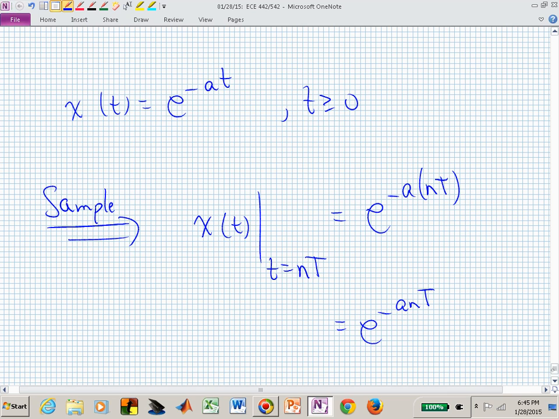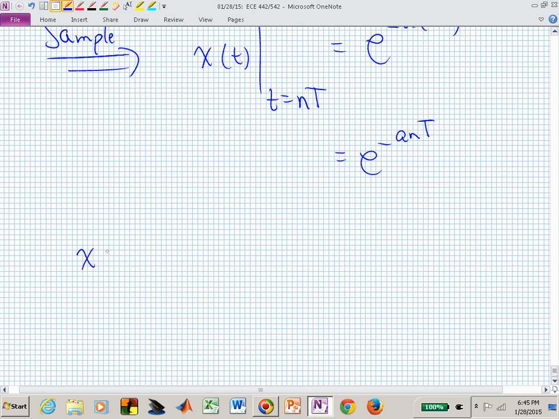But you can think of this now as x of nT. This is now e to the minus aT raised to the n. What's e to the minus aT? That's just some r to the n. That's what we said we were dealing with in discrete time.